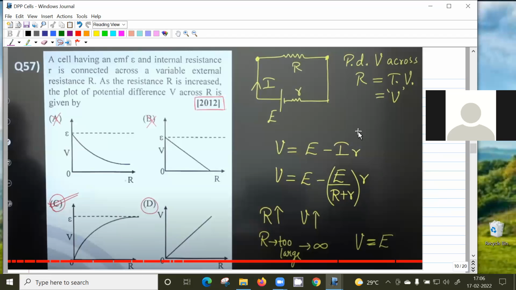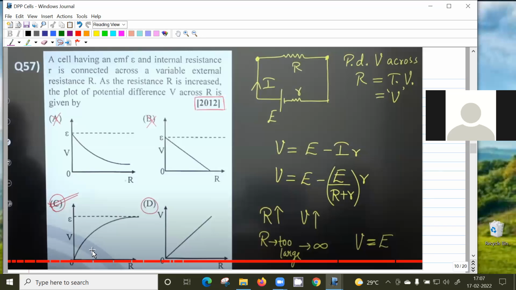So this is the basic relation, V equal to E minus Ir, right? If I put the minimum value of R, V is 0 only. Then this current I can be written in terms of EMF E, because I have to find the relation between V and capital R. The cell EMF E and internal resistance r are fixed, so there are only two variables: V and capital R. If you put R equal to 0, V is 0.